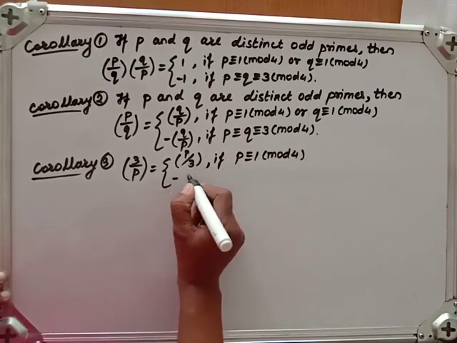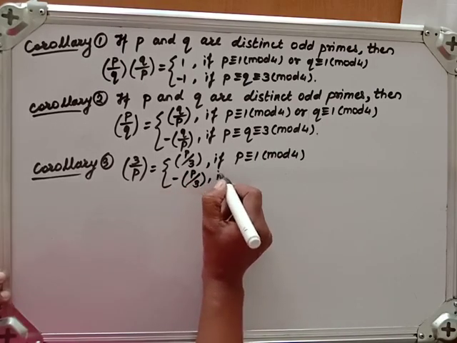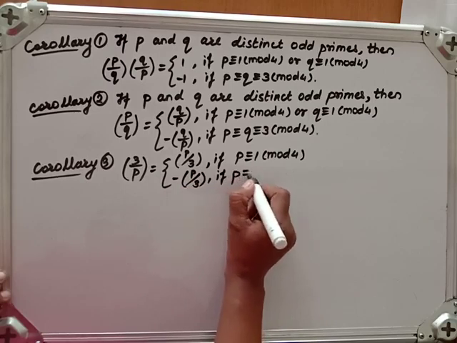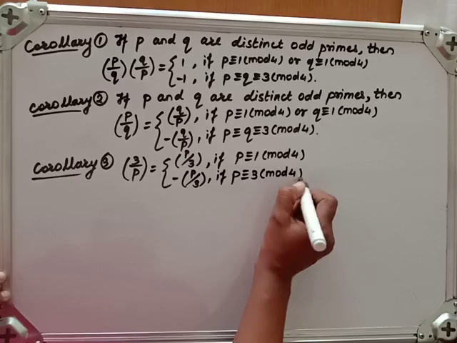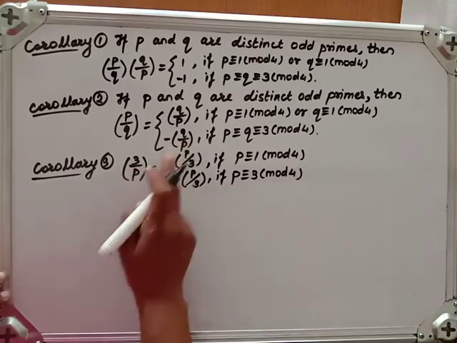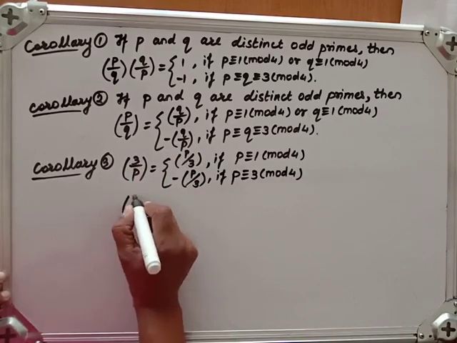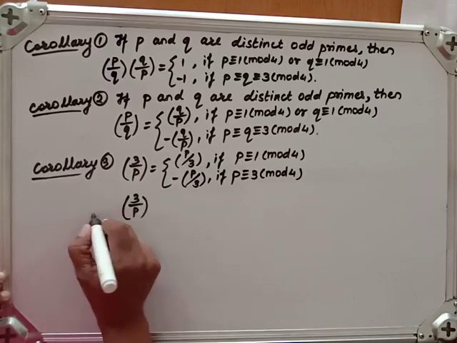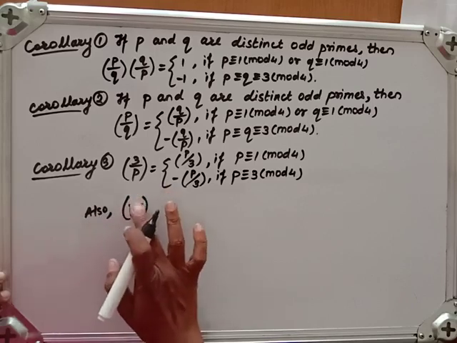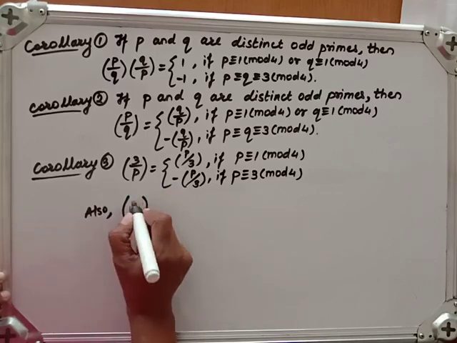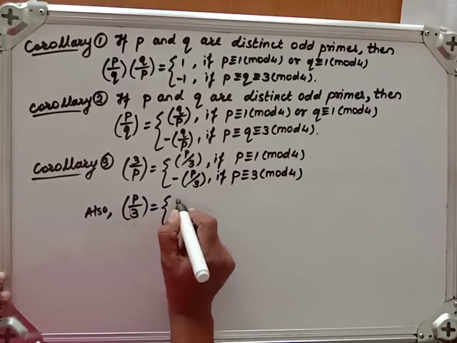And it is minus the Legendre symbol of P by 3 if P is congruent to 3 modulo 4. Now, as 3 is an odd prime, that's why this is valid. Also, for the Legendre symbol of P by 3, what is that equal to?